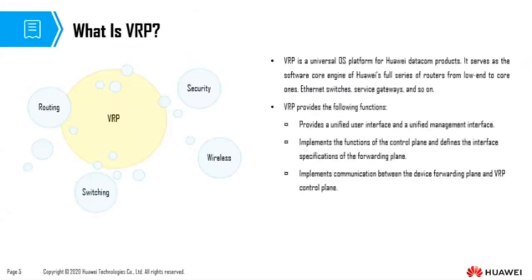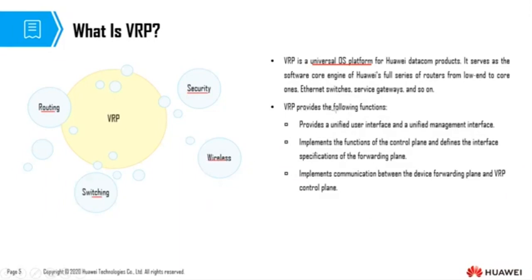VRP, as we've said, is a network operating system for managing Huawei Datacom products. VRP will run on Huawei security devices, routing devices, switching devices, and also wireless devices.